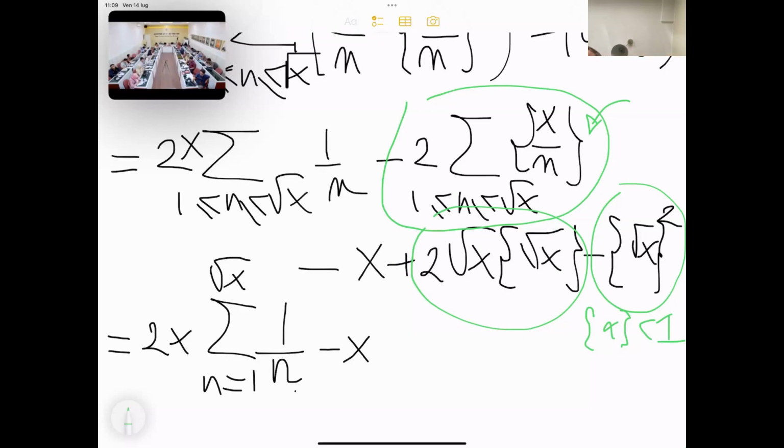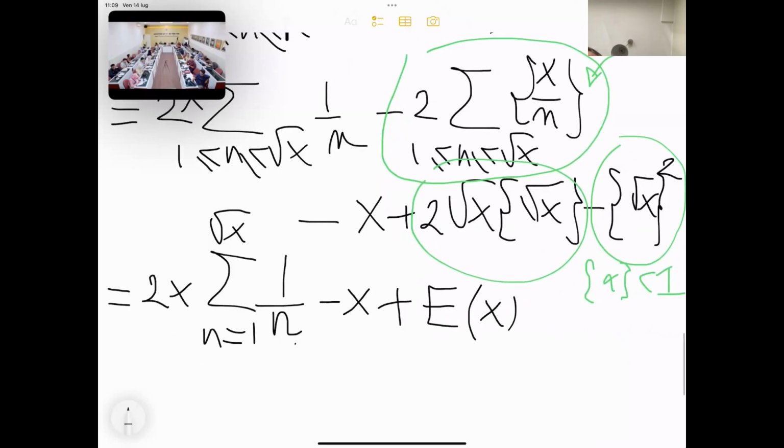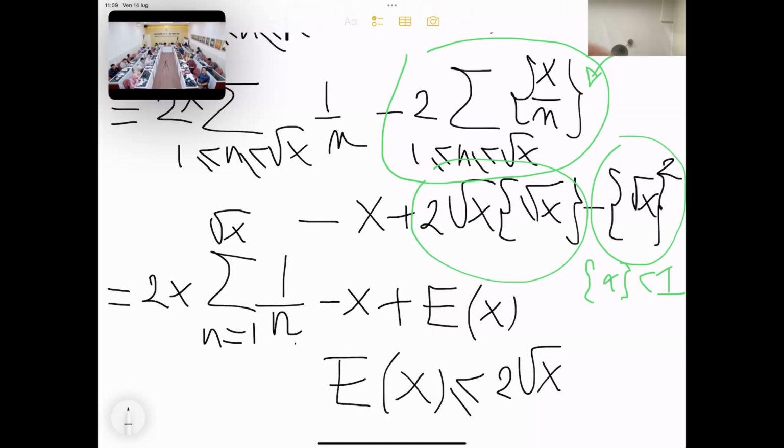So if I write this in the form of an error term, then what I have is that the error term, well, it's certainly lesser or equal. So this is negative, but let's bound it with its positive part. So this is 2 square root of x.